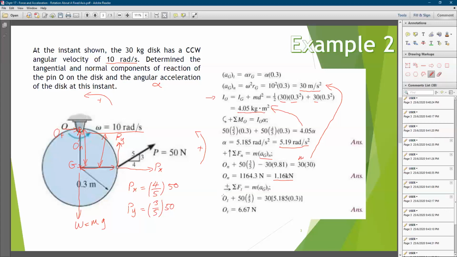Then we have O_T, the tangential force at point O, and then Px, which is equal to 4/5 times 50, because the direction is the same. That is equal to m times the tangential acceleration, which is alpha r.